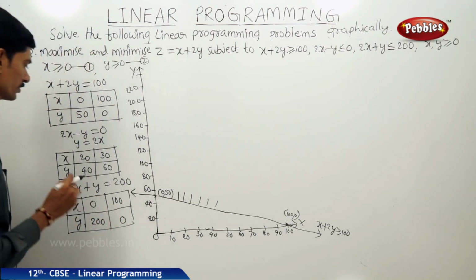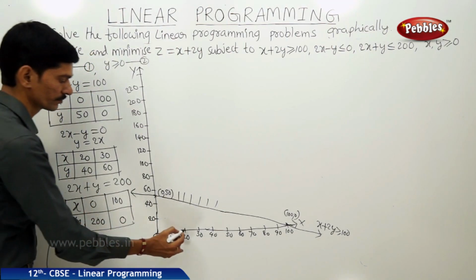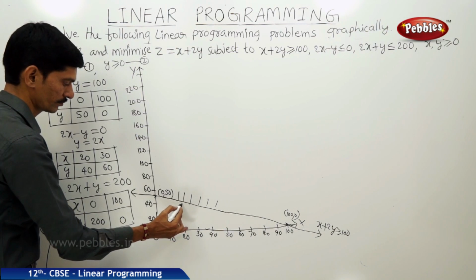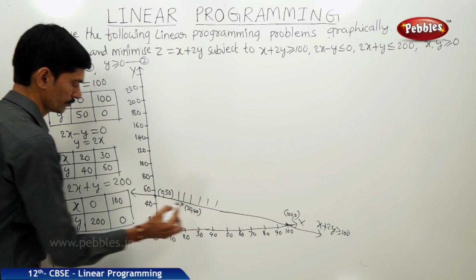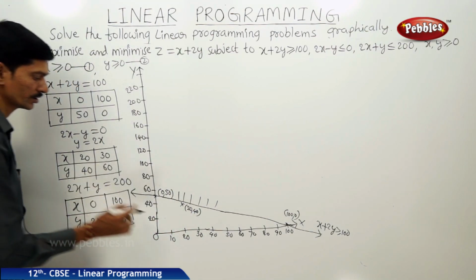Now the next one is 20, 40. Next 30, 60.